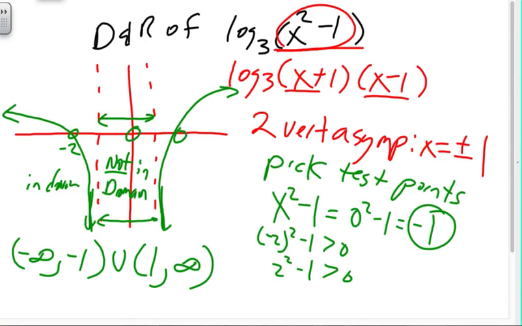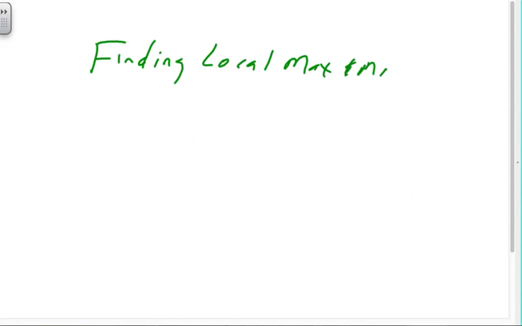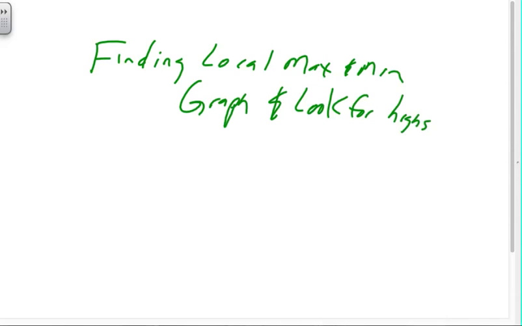Okay, the other thing you need to do is find local max and min. Graph and look for highs and lows. Not everything is going to have a maximum or a minimum.